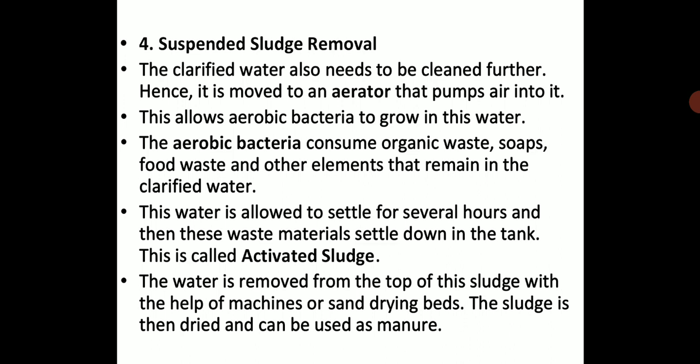It is not necessarily that water will have only one kind of contamination and you have only one type of treatment. No, it has so many types of contamination, and every contamination has to be dealt with properly, stepwise. The water is removed from the top of the sludge with the help of machines or sand drying beds. The sludge is then dried and can be used as manure.